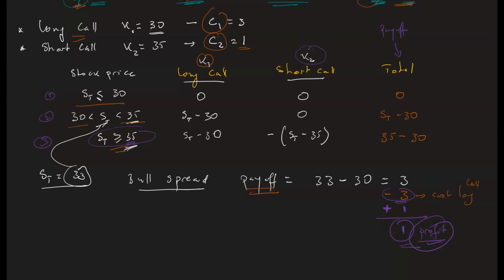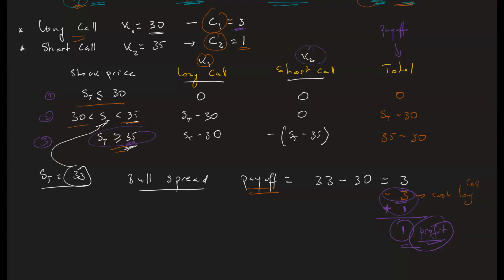And to find the profit, we need to subtract the cost of the option from the payoff. So in this case, we are buying our calls here at $3, and then we are selling a call at $1. So the net premium is going to be minus 3 plus 1, that's going to be minus 2.